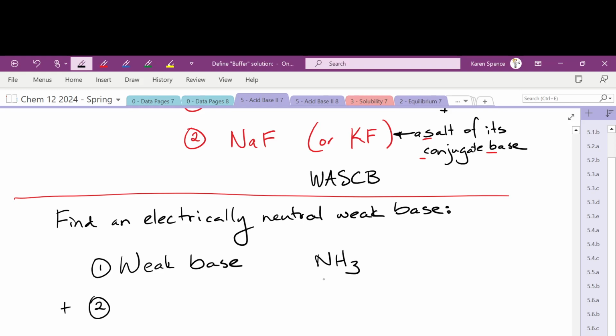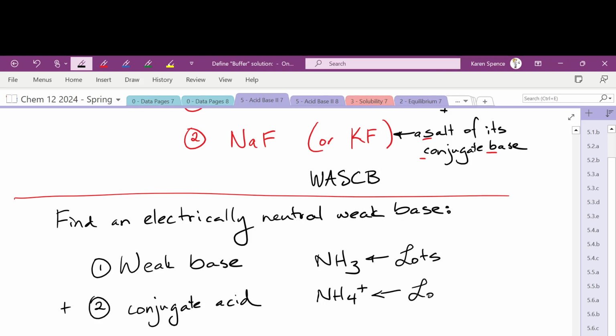So if we have NH3, who is the other species it's going to go with? Its conjugate acid. Who is its conjugate acid? NH4 plus. So we need lots of this, and lots of that.